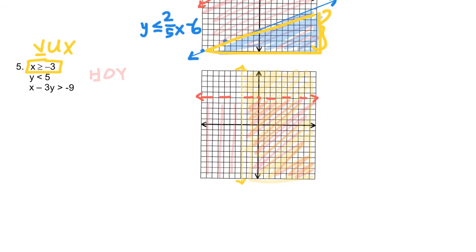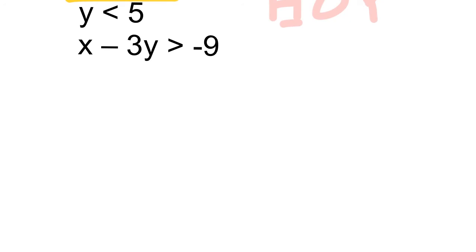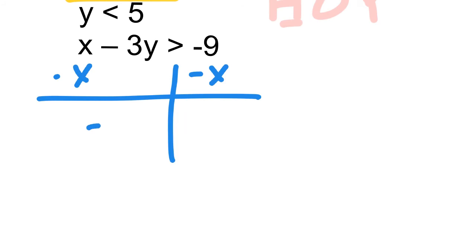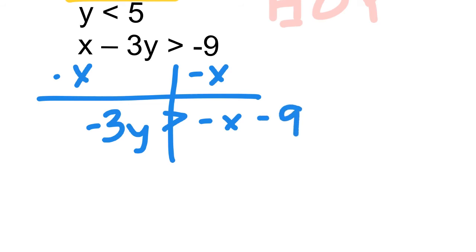But wait, there's more. We're going to isolate the y here. So we'll subtract x from each side. We'll have -3y is greater than, and I'm going to rearrange this so that the x is first.